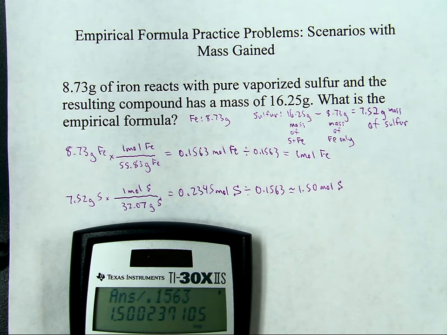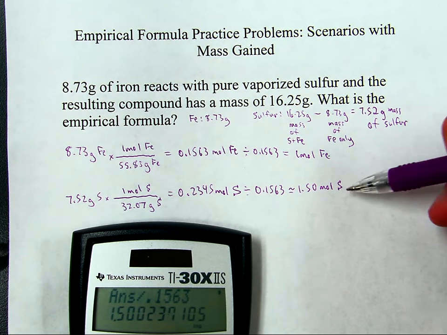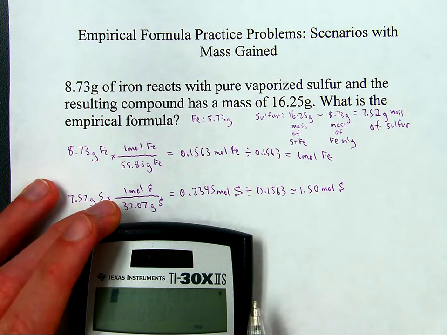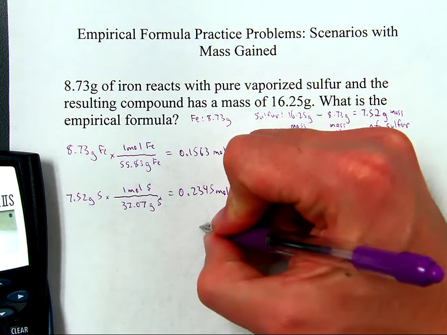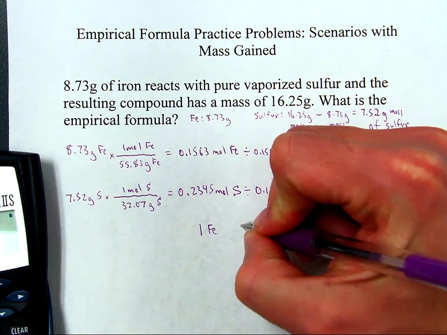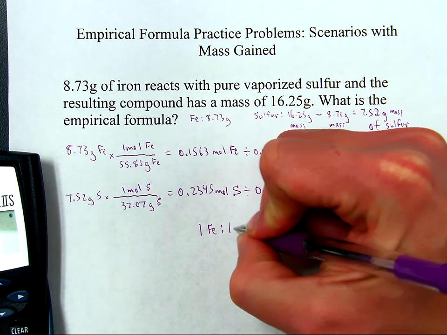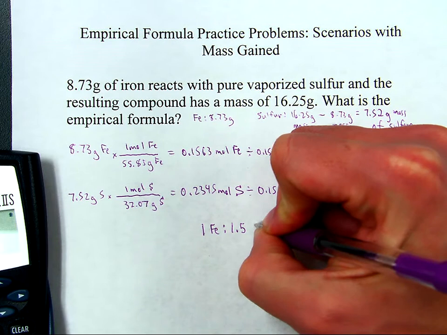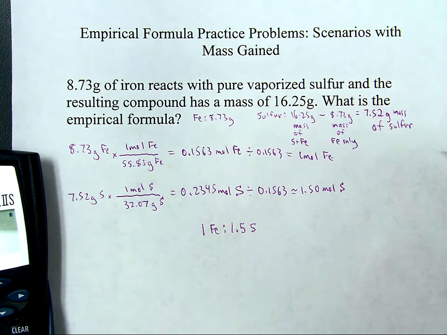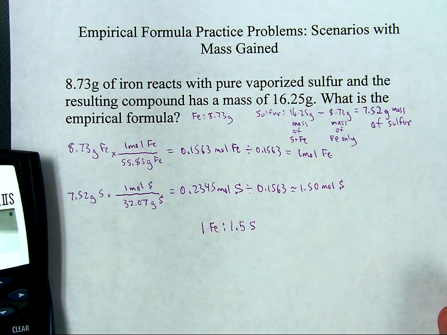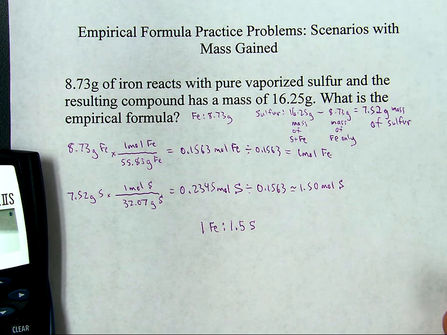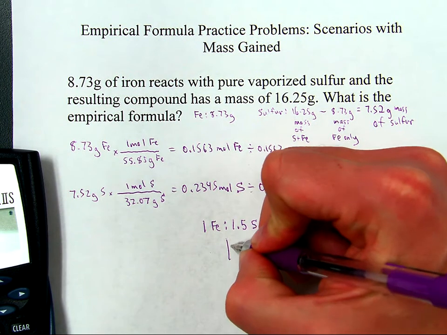Alright, so that's the ratio right there. For every 1 mole of iron, there's 1.5 moles of sulfur. Okay, let's write that down. For every 1 iron, there's 1.5 sulfurs. Well, we need a ratio that has whole numbers, not decimals. So here's what I'm going to do.